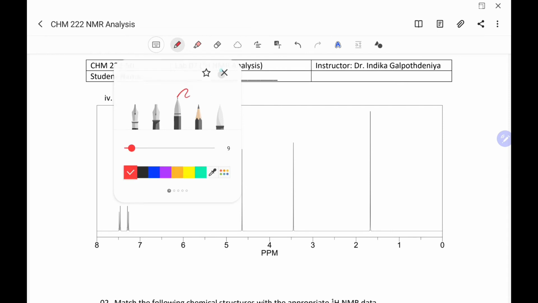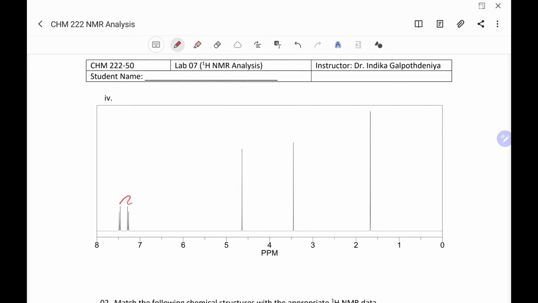So we are expecting, of course, the benzene peak is common to everything. Here is your benzene, and then you have to have a peak around 2. I don't think we had a 1 to 2 peak, so this should be the 2 to 3 peak, but it's okay.